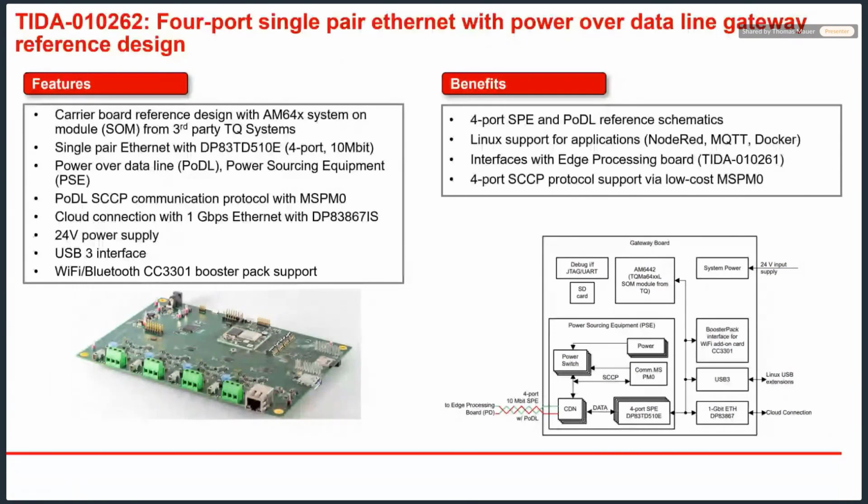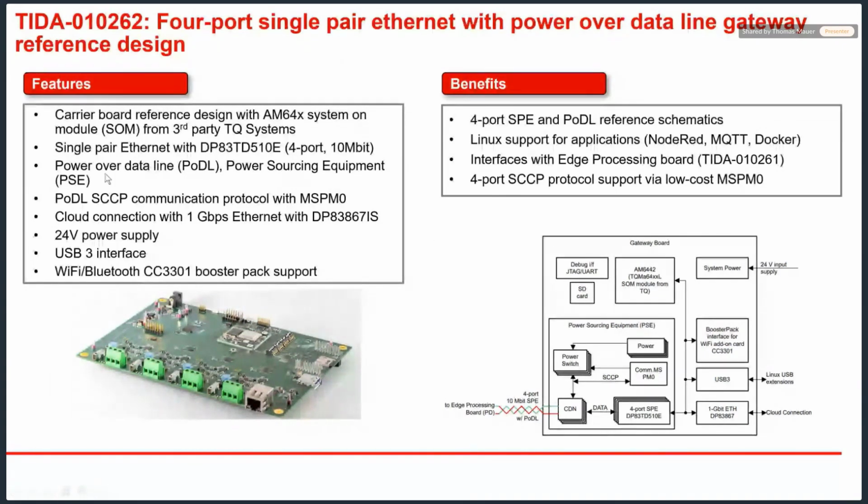We also use here a system on module from TQ, and this runs now an AM64 processor from Texas Instruments. It's again the same motivation why we have used a system on module. The reason is we only needed to create the baseboard, and then we just solder on the system on module.